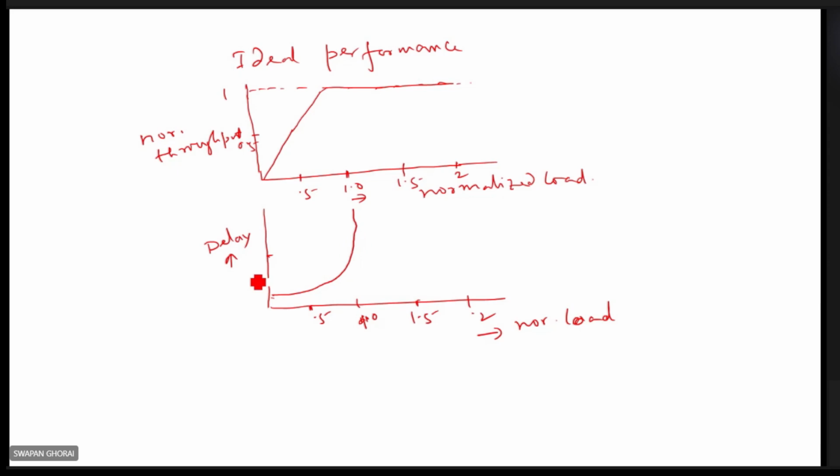But in practice, buffers are finite. That will lead to buffer overflow in a practical scenario, so some sort of congestion control would be needed to overcome the situation. So you see what happens if you consider the practical situation, the practical performance.